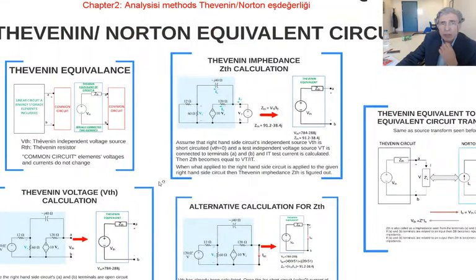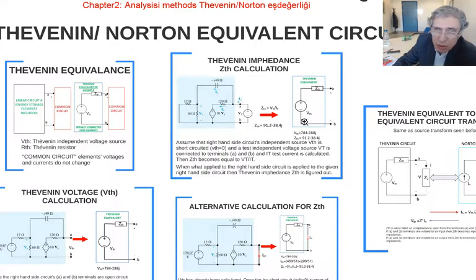So what about the second one, the Thevenin impedance ZTH calculation. So this is impedance now. How are we going to do it? One way of doing it, we could see from here. If I make this independent voltage source short circuit, that means the terminals are connected to each other.